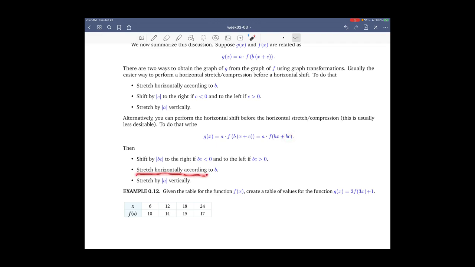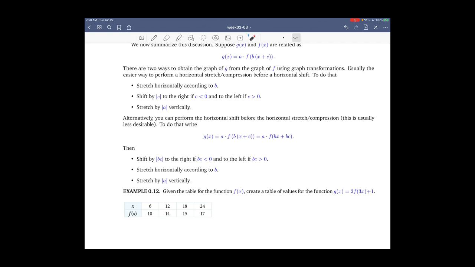Then you stretch by b. And then you stretch by a. We will see in a neat example later how these two work and how they produce the same answer.